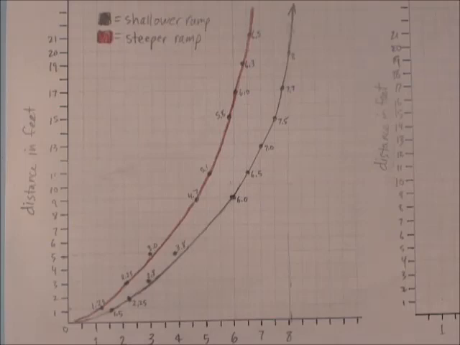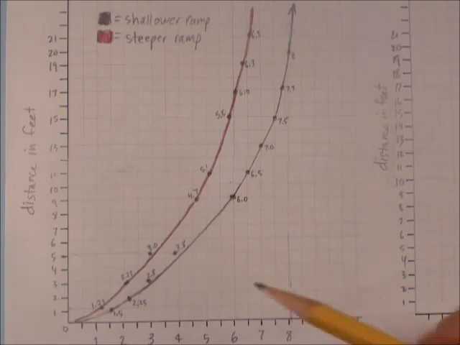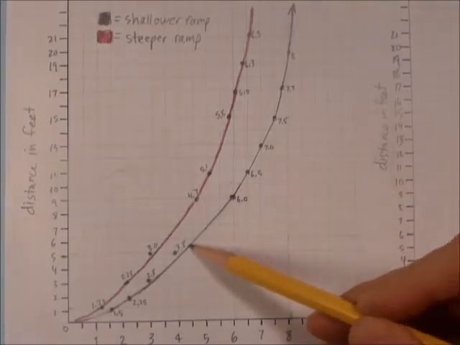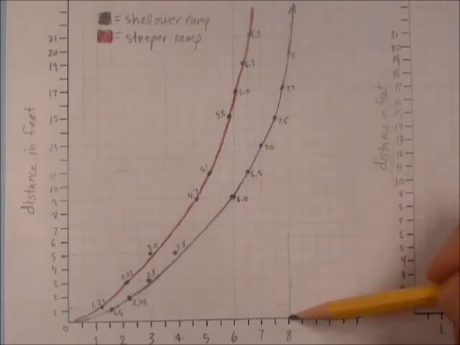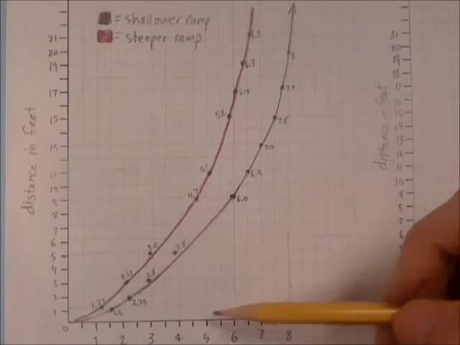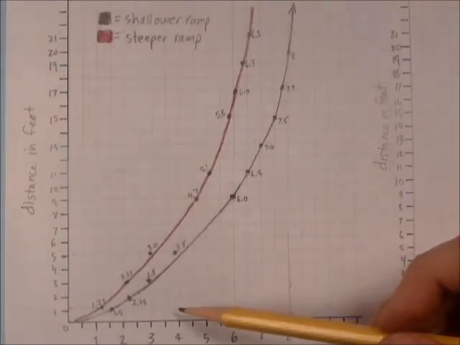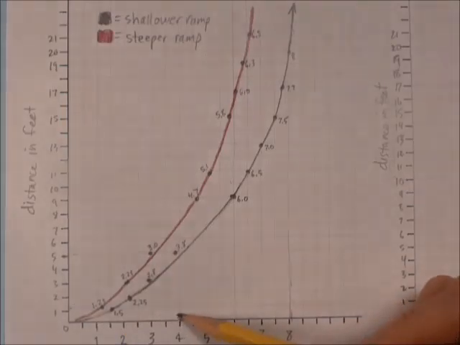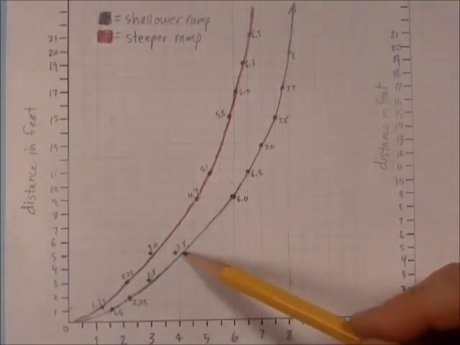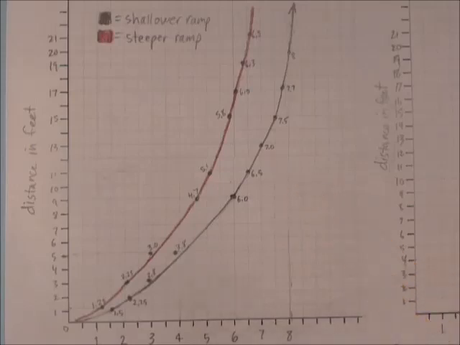So let's see if we can find this pattern in our data. You can see I've copied this over to make it a little bit neater and put some exact figures in for us. So let's divide our total time, which is about 8 seconds. Let's look at the shallower graph first. Our total time was about 8 seconds, and half of that is 4 seconds. So in these equal time periods, 4 seconds and then 4 seconds, in the first 4 seconds it should travel 1/4 of what it does in the 8 seconds.